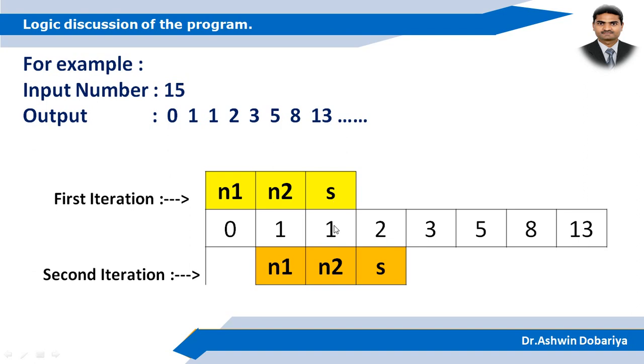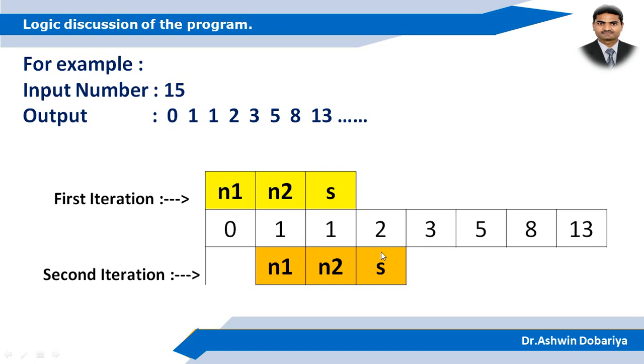Now how can we generate the second number or the next number? For 2, the previous 2 numbers are 1 and 1. So 1 is n1 and the other one is n2, and if we calculate the sum n1 plus n2, then it becomes the second number.